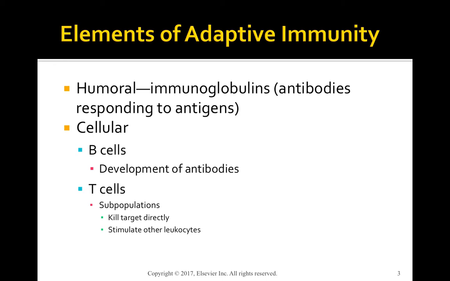So B cells create the development of antibodies, and the T cell response is generally either trying to stimulate B cells to mature so that you can secrete more immunoglobulins and get more protection, or it's targeting T cells that are called killer T cells that bind to the antigens and are trying to actively kill the invader microorganism in the body.